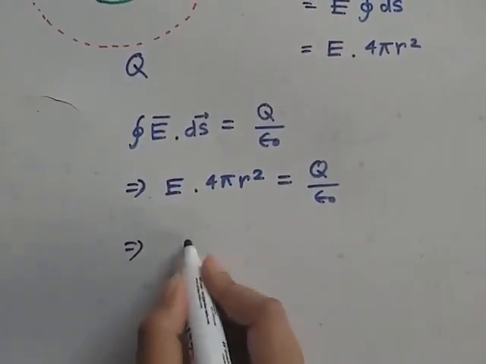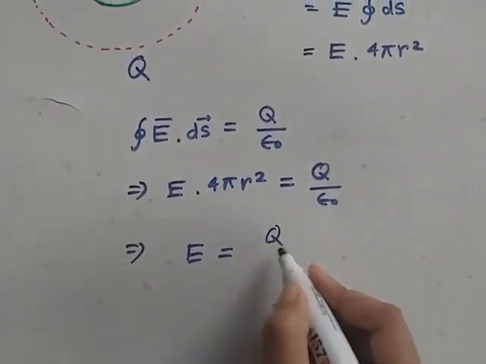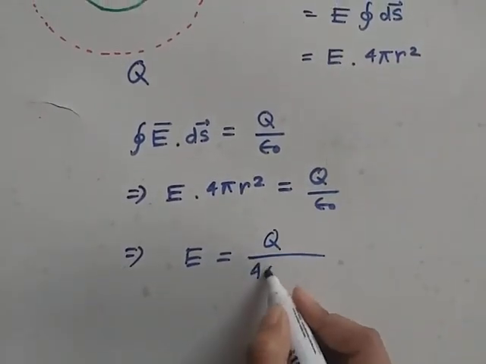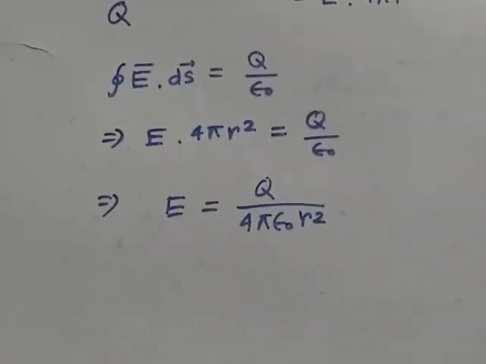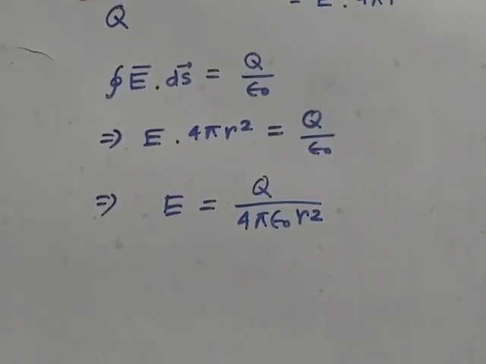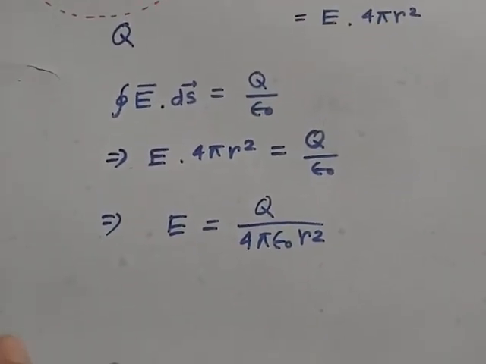From this equation we can find the value of E as Q divided by 4 pi epsilon naught r square. So this is the expression of electric field intensity at a point outside a spherical shell.